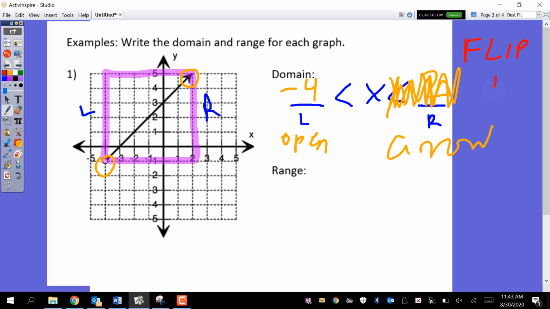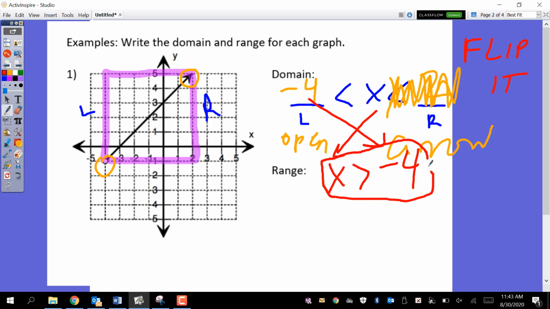So -4 goes over here, x goes over here, and I need to flip my symbol so the mouth still opens to x. So this is my domain: x greater than -4.